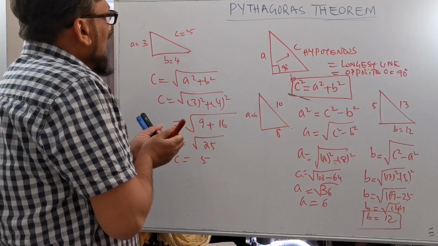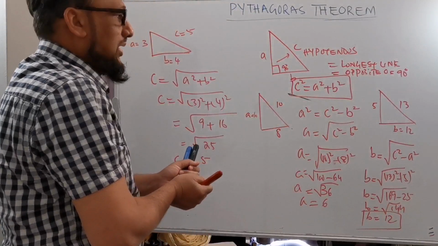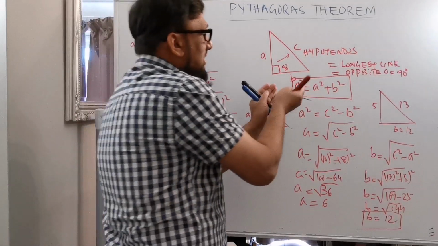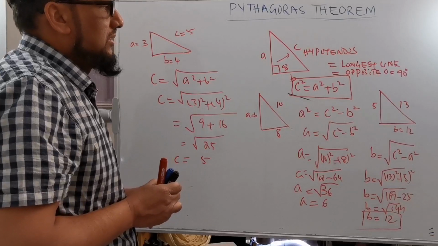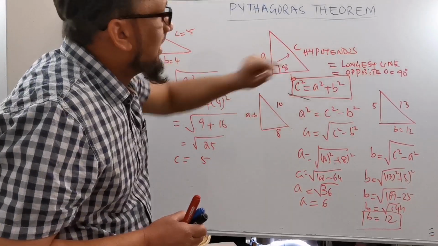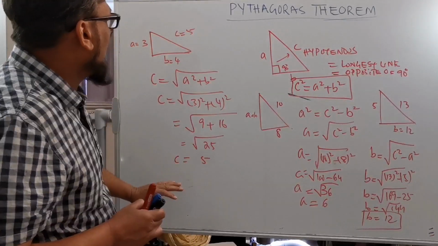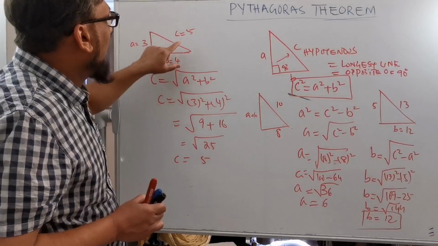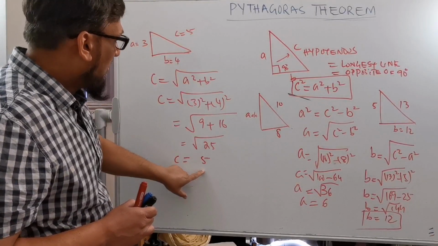There are three values in Pythagoras: the hypotenuse squared equals a square plus b square. If we know two sides, we can easily work out the third side. As per the first example, we needed to find the hypotenuse, and we worked out 5.